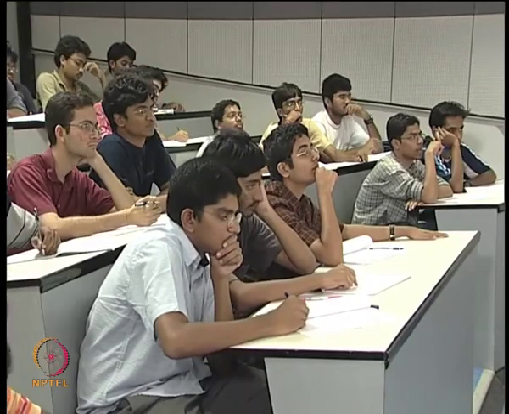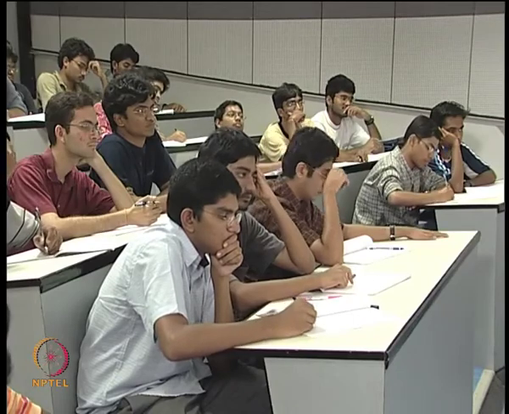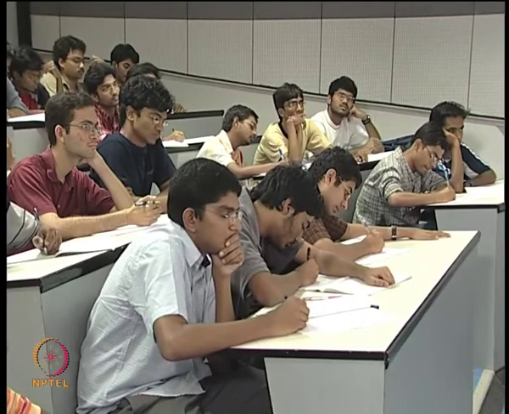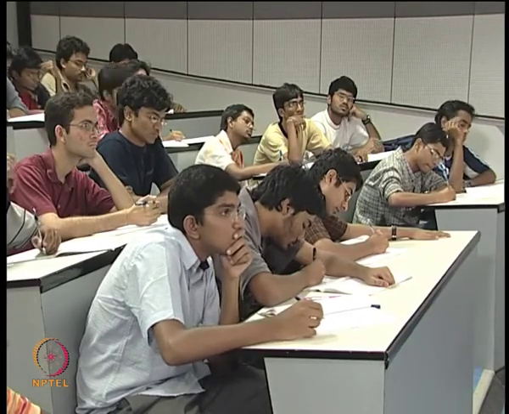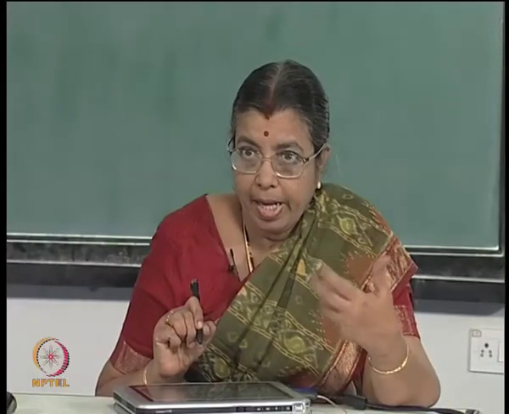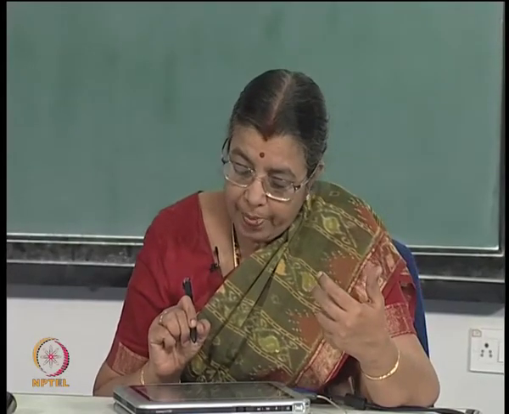Now, what is the language accepted? The language accepted is denoted by T of M, where M is the machine. It consists of the set of strings w belongs to sigma star, and starting from q naught, delta dash of q naught, w denotes the possible states in which you can be in after reading w starting from q naught. This should contain a final state.